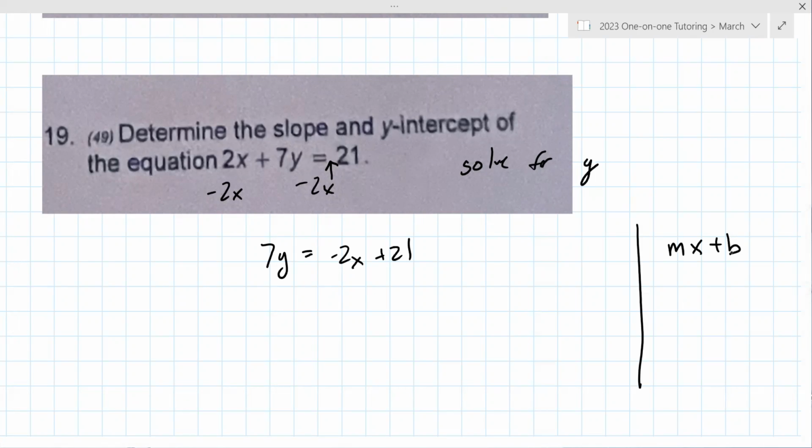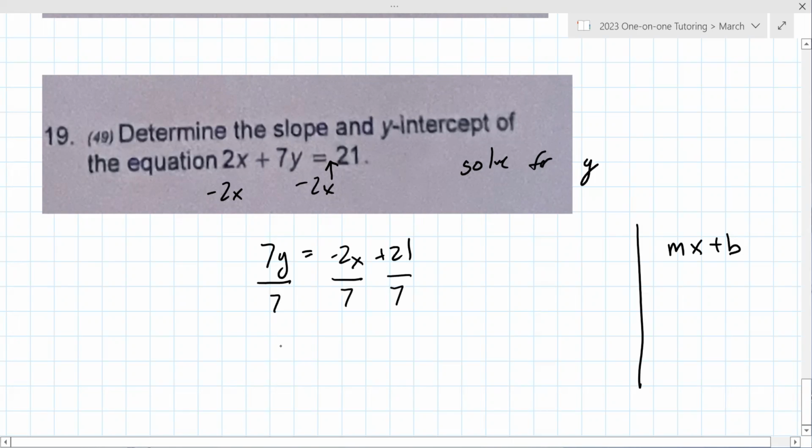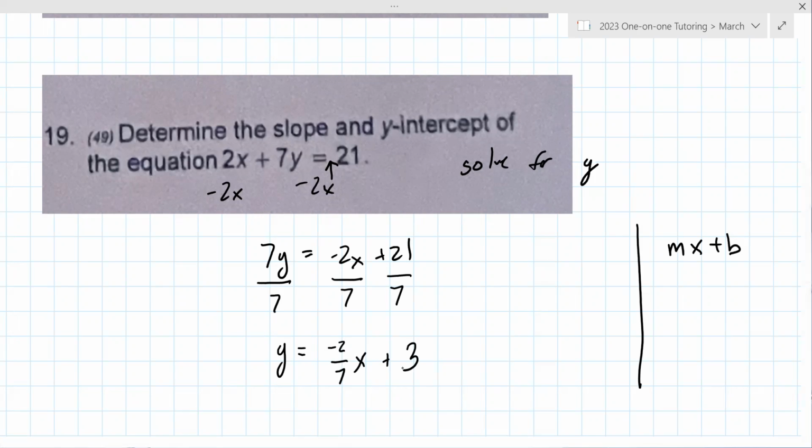Yeah. All right, so now the next one here, you divide both sides by 7. You're dividing everything by 7. So the way you write the fraction is it's minus 2 divided by 7 times x plus 3. Okay. So if it doesn't divide like the case here, you just leave it as a fraction, a number in front of x.